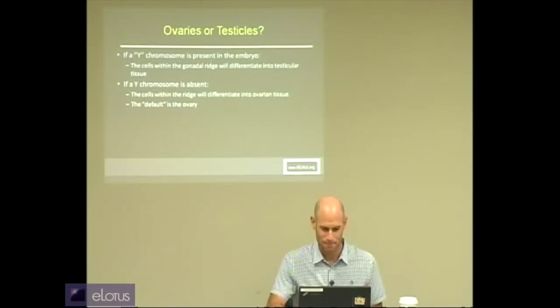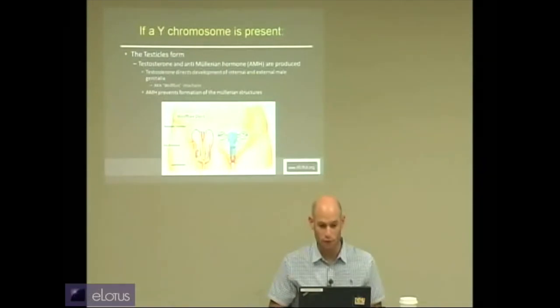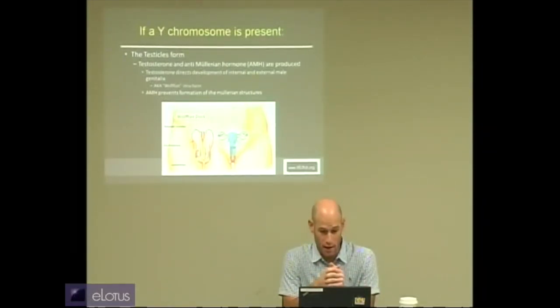So if a Y chromosome is present, then the testicle forms. And if the testicle forms, then the tissue begins to make a few hormones named testosterone, which we all know about, and anti-Mullerian hormone, which we may have heard about. We can talk a little bit about it more later.